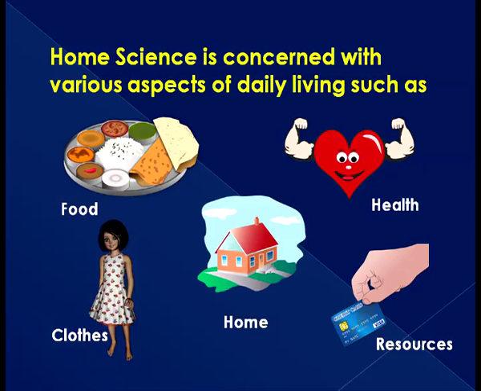And home is not only the physical structure, but we are talking about the people living inside the home, how they are growing, developing and maintaining the precious relationships among themselves and outside the home. This is all about the home.